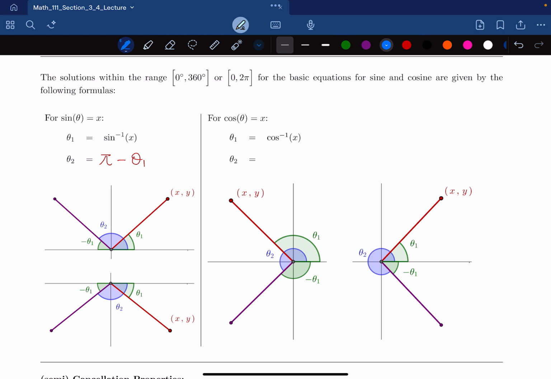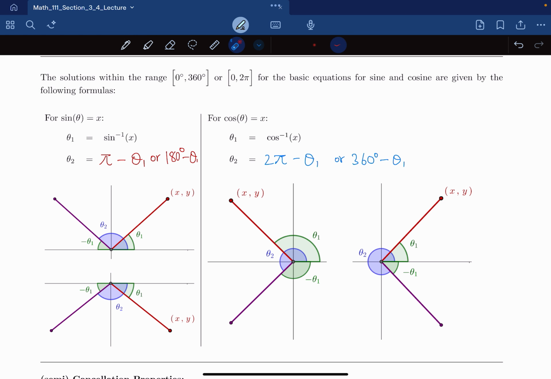And the formula we have here is 2 pi minus theta 1. Actually, since I already listed here, I might as well write it down again. Or 360 degrees minus theta 1, depending on whichever unit. Same thing here. Or 180 degrees minus theta 1.